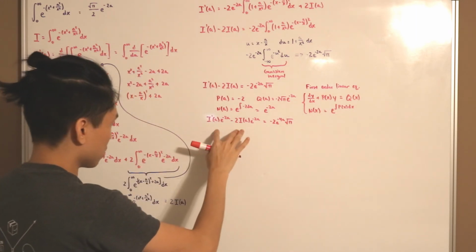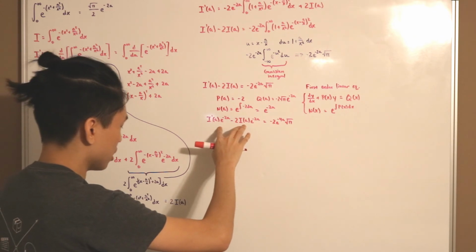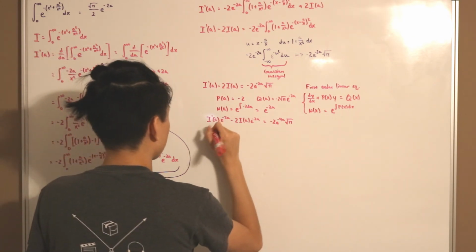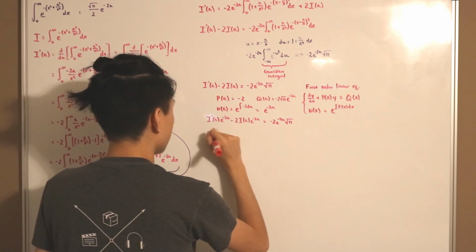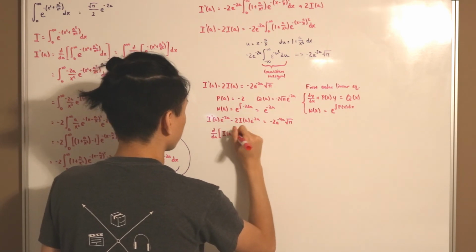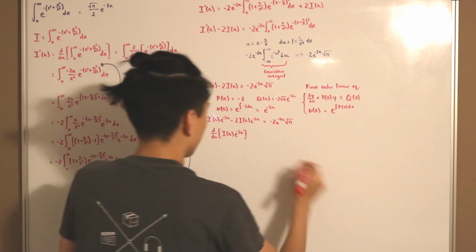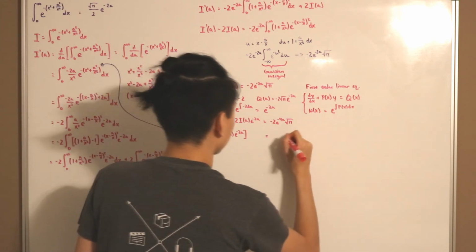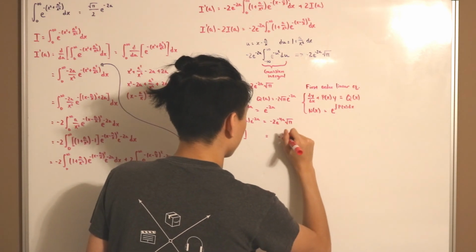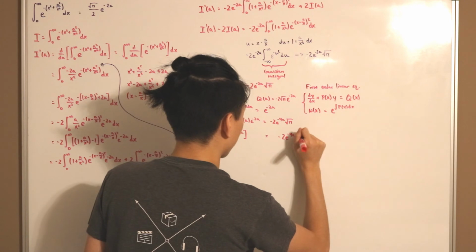And this actually comes out nicely because this is its product rule. So this is the same thing as rewriting as d over da of I of a multiplied by its integrating factor e to the -2a, and then equals this -2e to the -4a square root of pi.